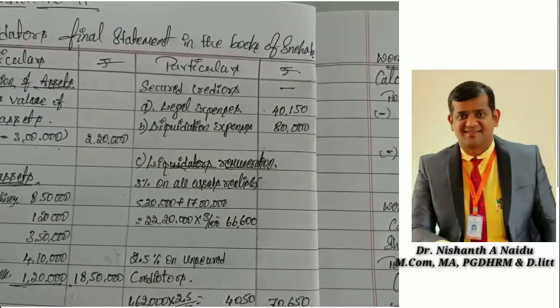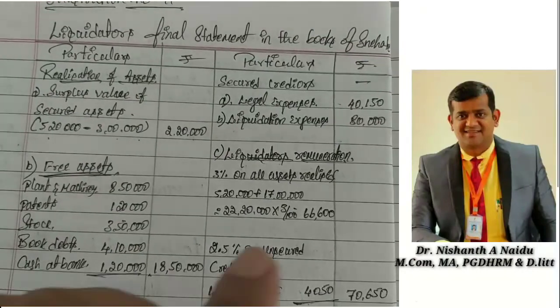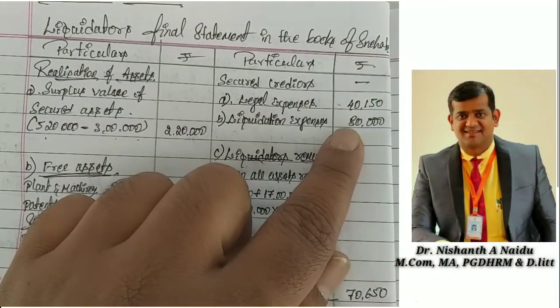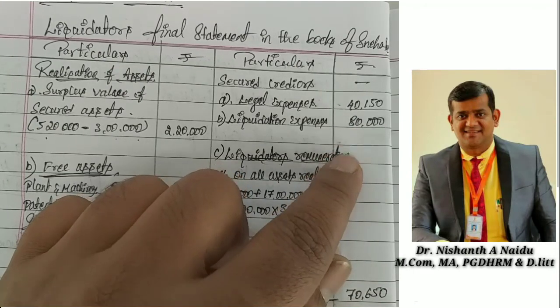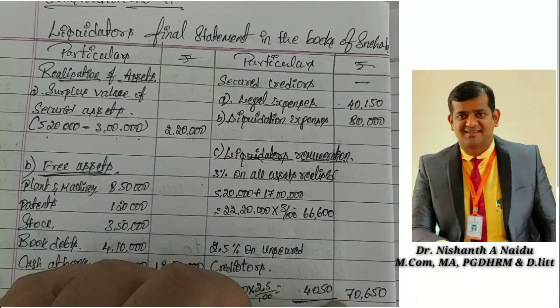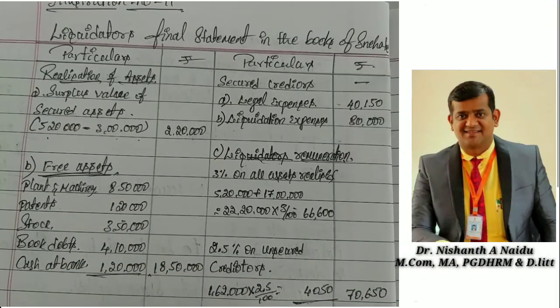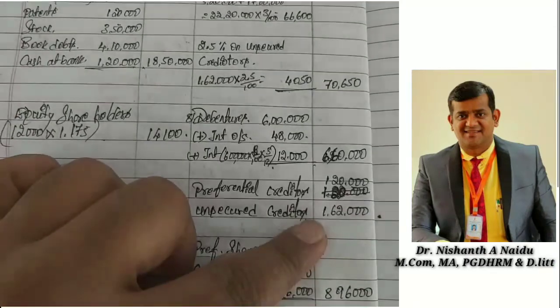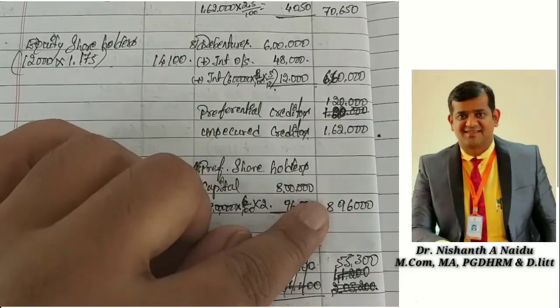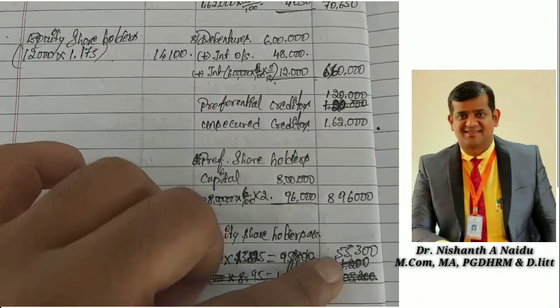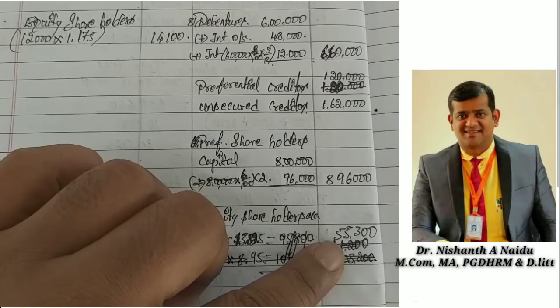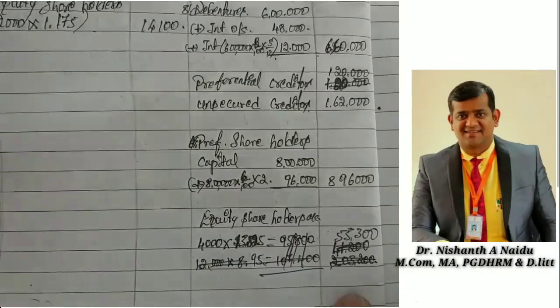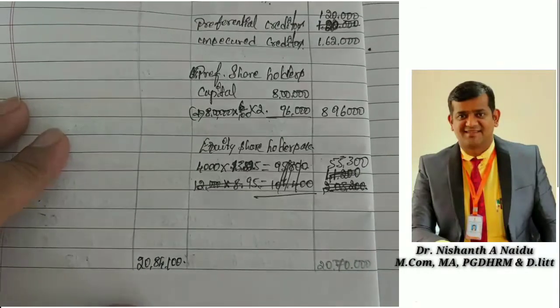Now let us check the total of the credit side: 40,150 plus 80,000 plus 70,650 plus 6,60,000 plus 1,20,000 plus 1,62,000 plus 8,96,000 plus 55,300 comes to 20,84,100.